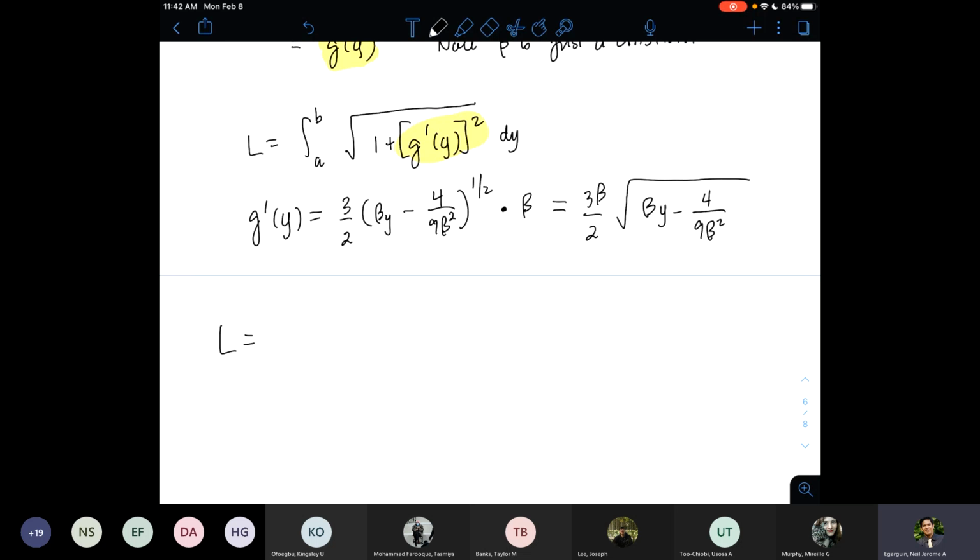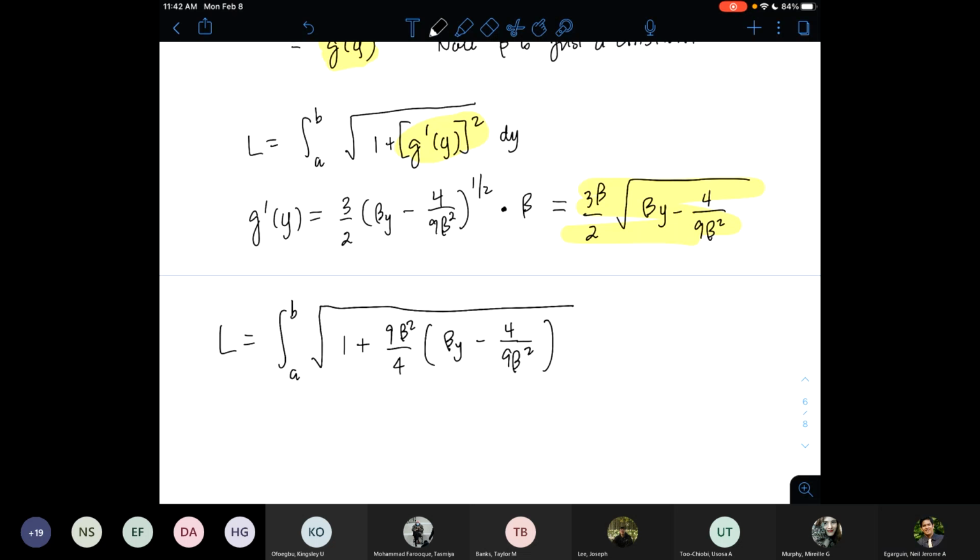So what we'll have would be the integral from a to b of the square root of 1 plus the derivative squared. So I need to square this derivative over here. So that's going to be 9 beta squared over 4 times (beta y minus 4 over 9 beta squared) dy.